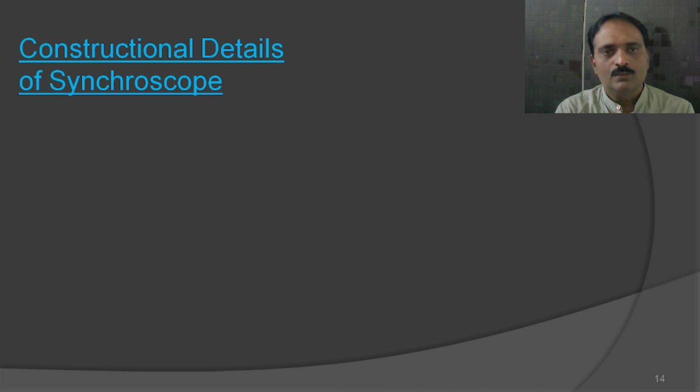So I would like to introduce this Synchroscope here, and how it functions, and how it helps us in connecting the alternators in parallel. Another advantage of the Synchroscope is that it also tells us whether the incoming machine is running a little faster or slower. So we will see all these things.